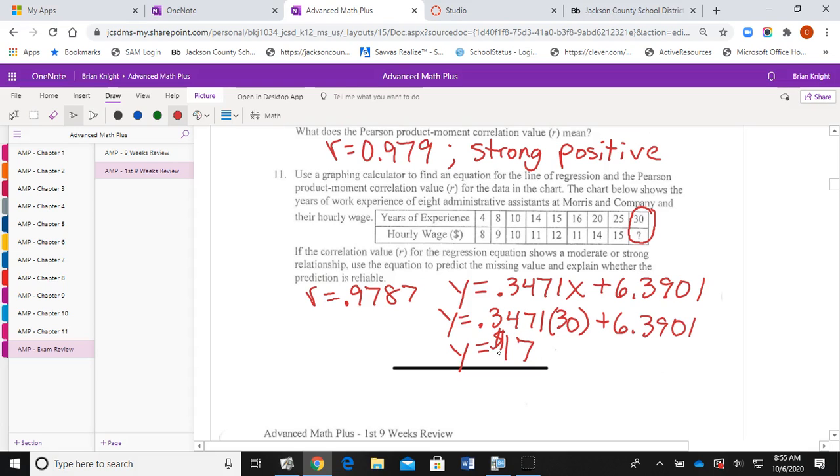Okay, remember it's going to be multiple choice, so just kind of pick the answer that you feel is the closest to what you got. Okay? Everybody understand those calculator problems? Everybody good? All right.